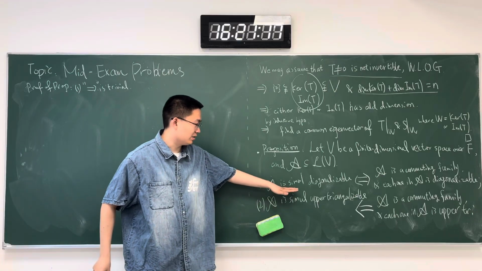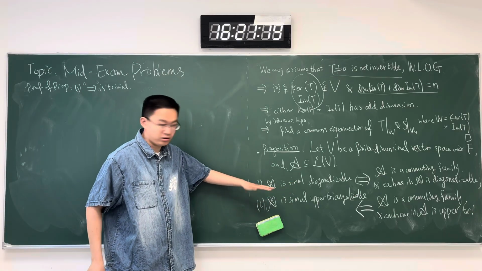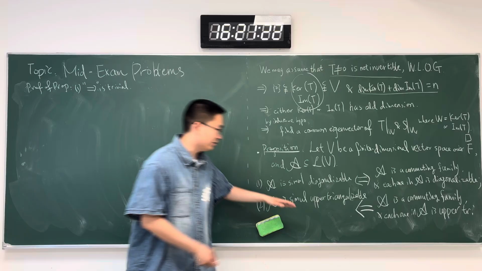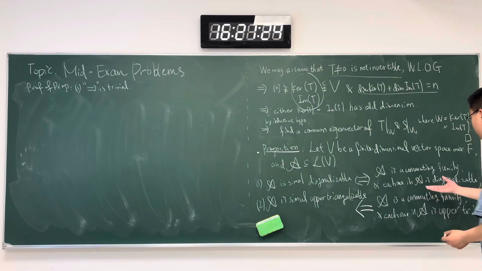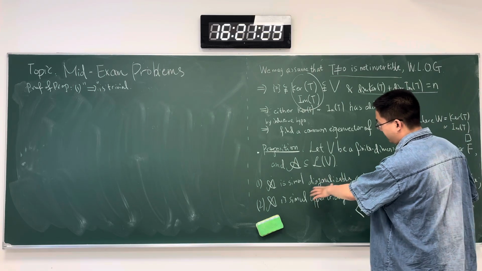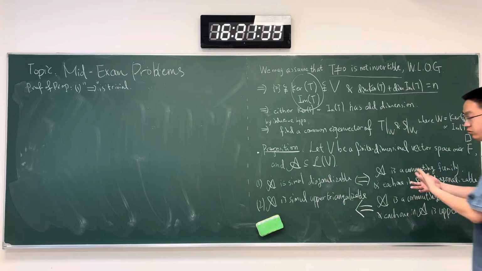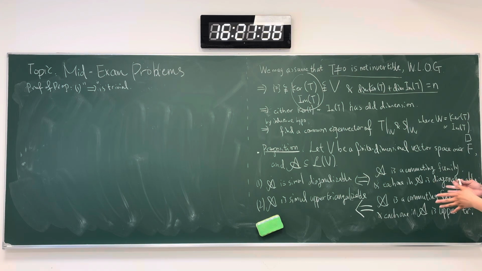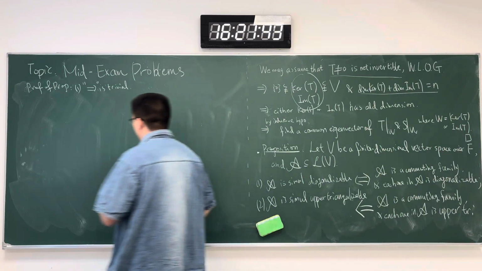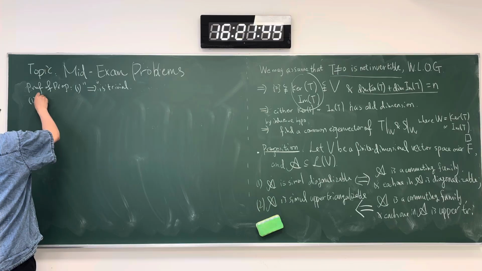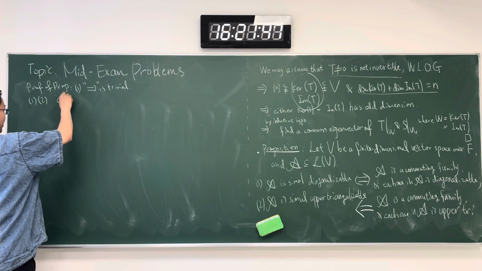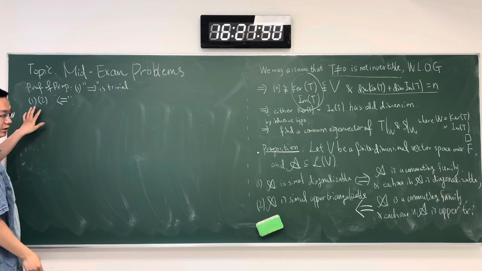Since if you have a simultaneously diagonalizable family of linear transformations fancy A, then of course each one in this family is diagonalizable. And since they can be simultaneously put into a diagonal form, and diagonal matrices commute with each other, of course this family also commutes. All we need to prove is the converse direction, say the if direction of 1 and 2.